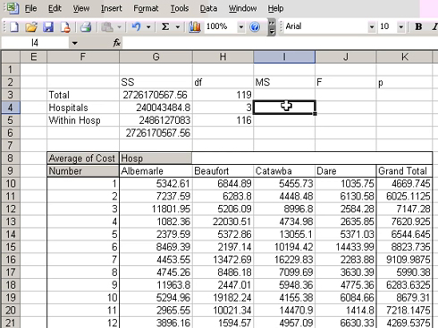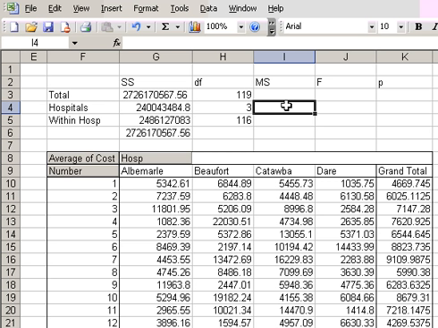The next step is to calculate the mean square values for hospitals and within hospitals. The mean square is the average sums of squares per degree of freedom and is the value that is used in the calculation of the F-test.